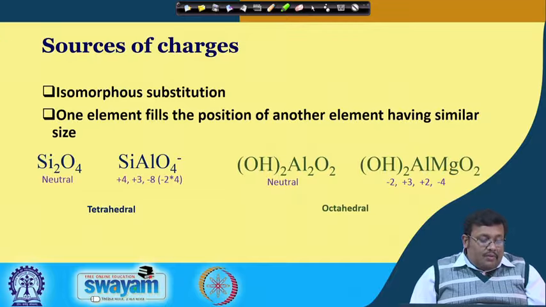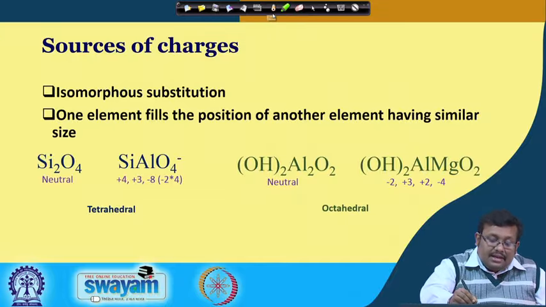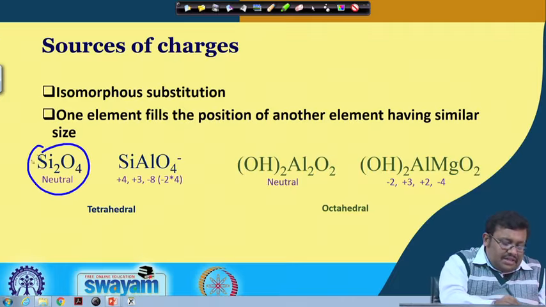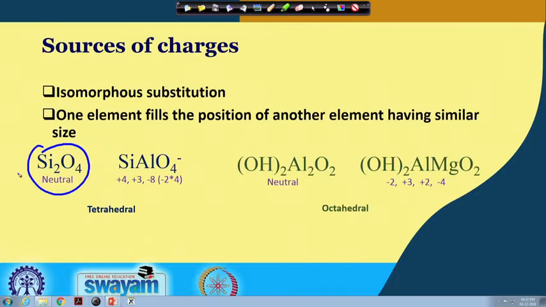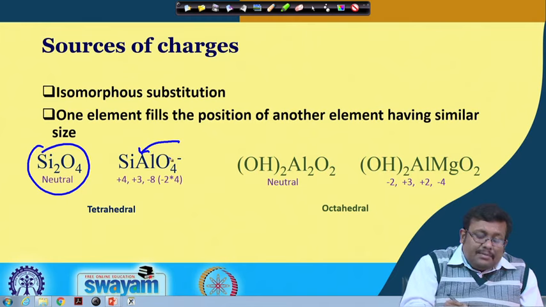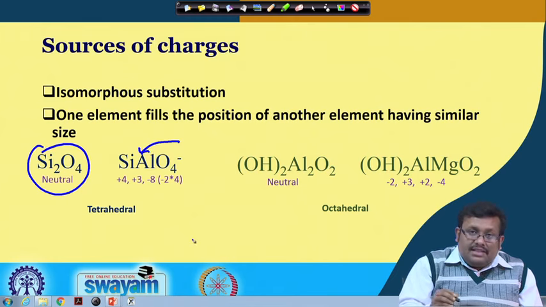So you can see here there is a silica tetrahedra, which is basically neutral, and then in the tetrahedral sheet, one silica is getting replaced by aluminum, which has a similar size to that of silica, and as a result there is an excess of negative charge.